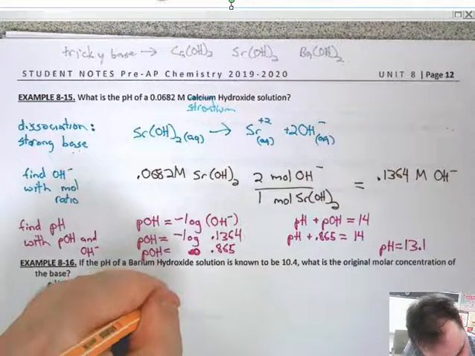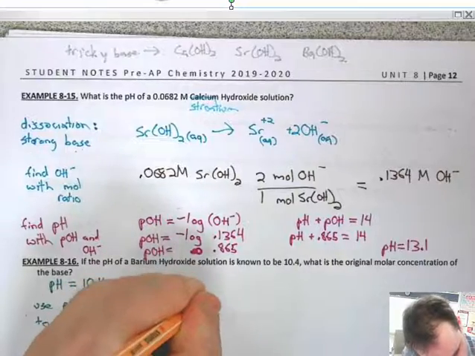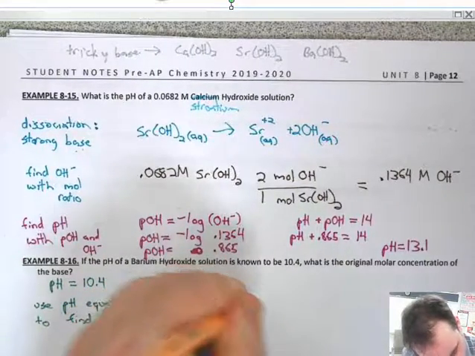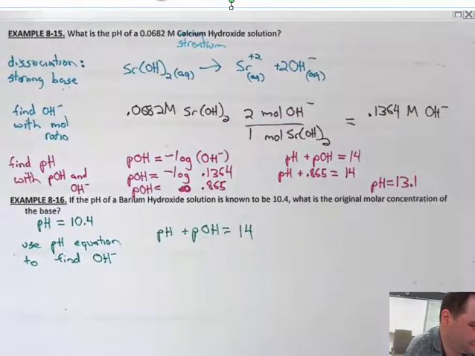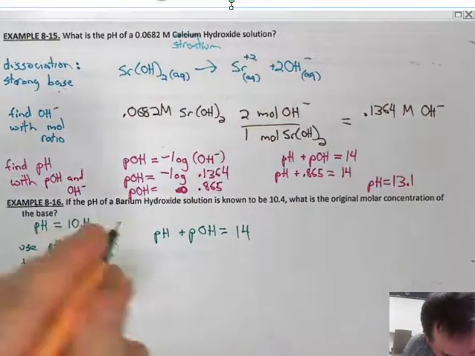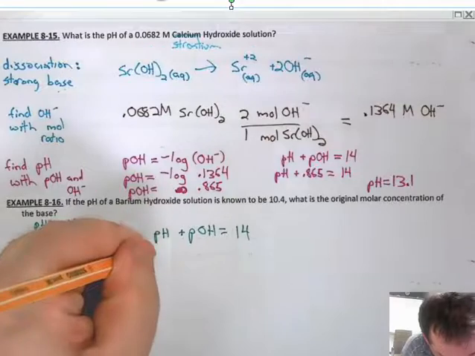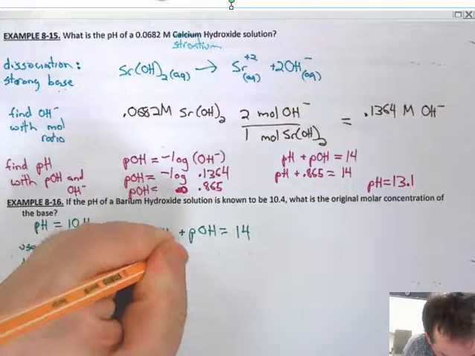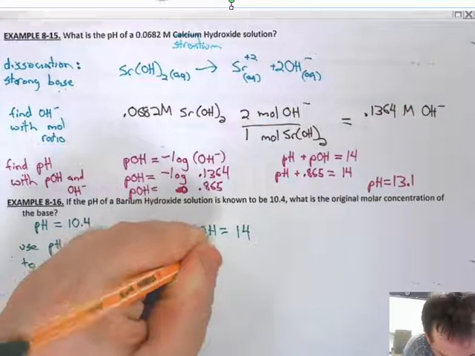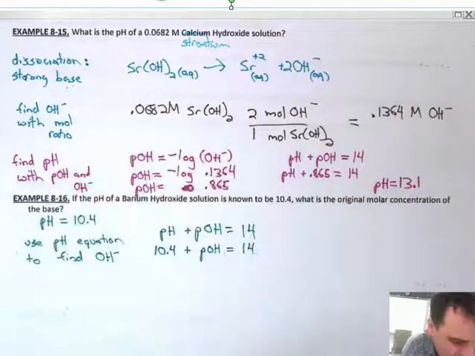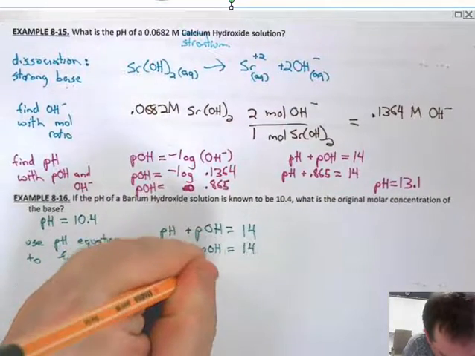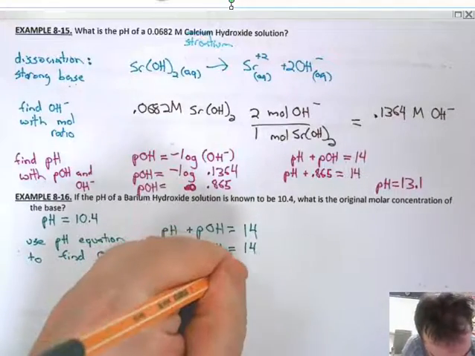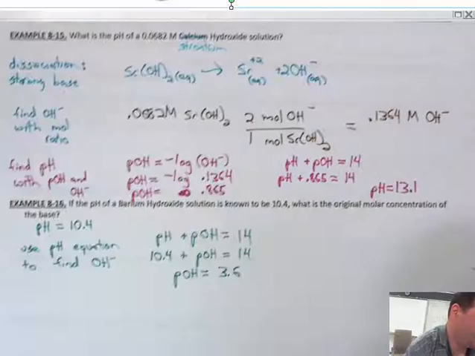So we know pH plus POH equals 14. We know the pH is equal to 10.4, so plus POH equals 14. So then we know POH must be equal to 3.6.